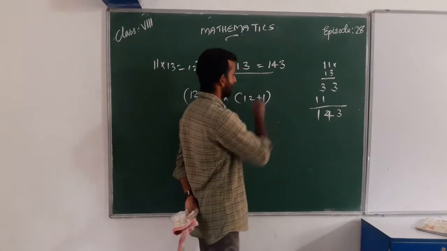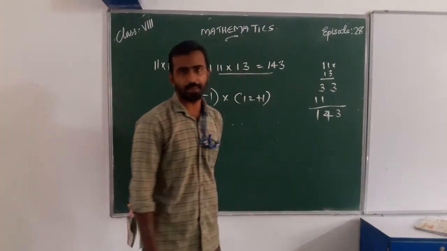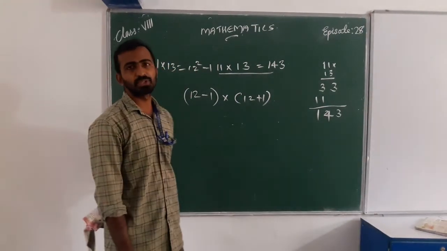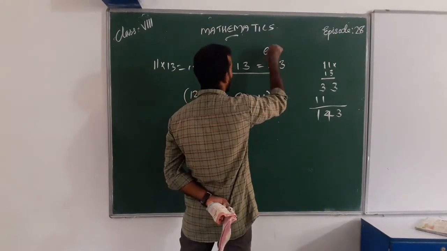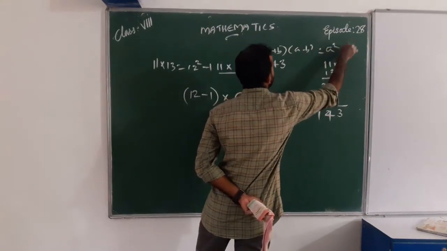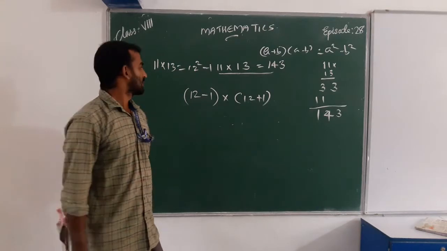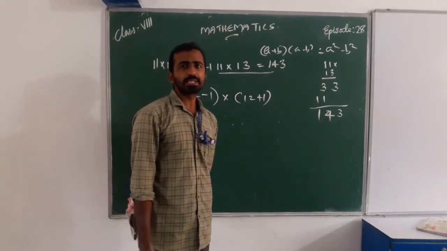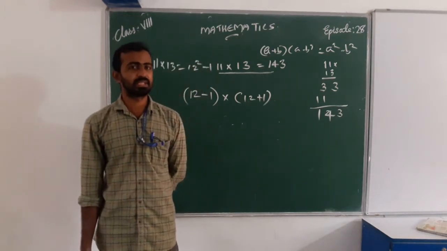We already know the general formula: a plus b into a minus b equals a square minus b square. Here a is 12 and b is 1, so that is 12 square minus 1 square, and 1 square means 1. So we can write like this.